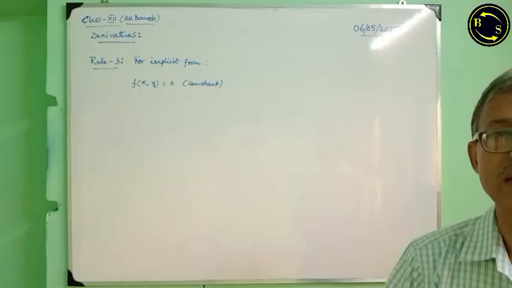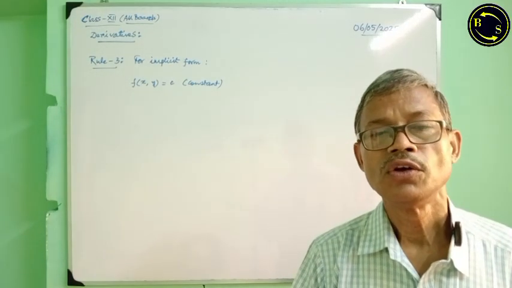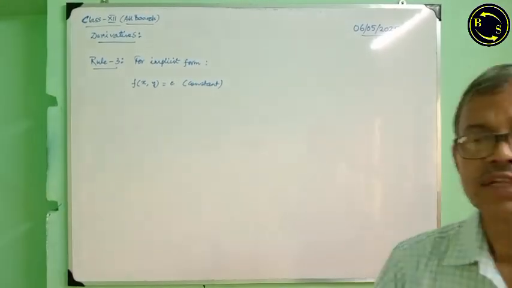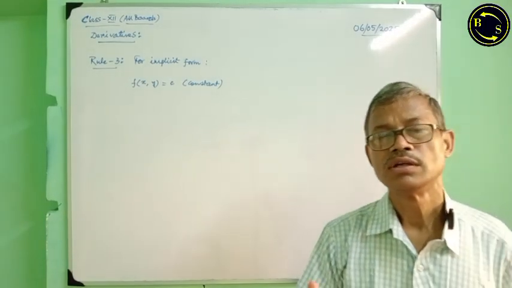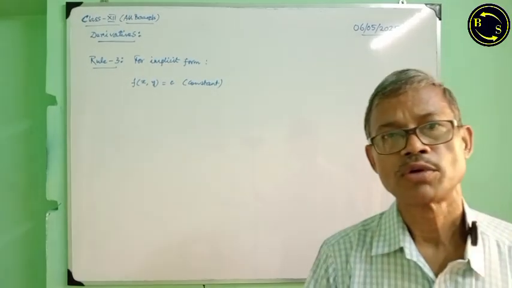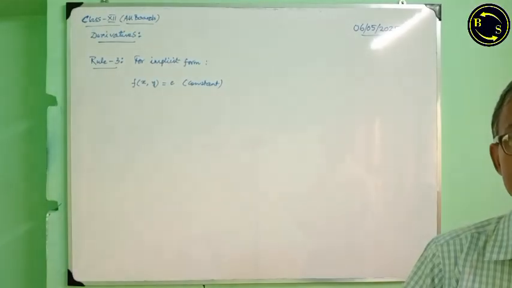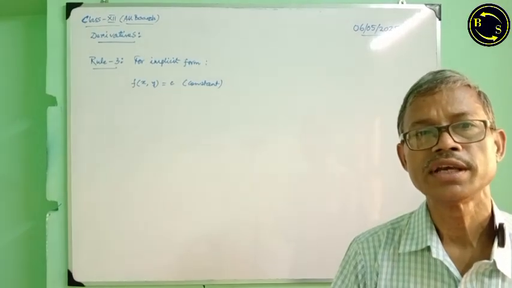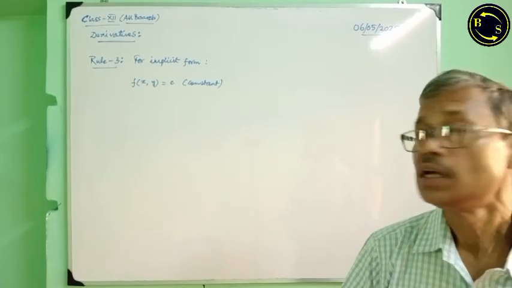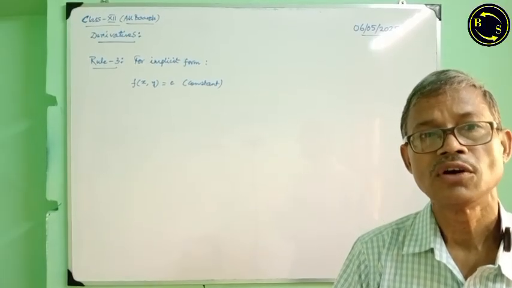That means the formulas for standard functions, also differentiation of sum or difference of two functions, or differentiation of product of two or more functions, then differentiation of quotient form, that means d/dx of u by v, and also what we have learned earlier for class 12, logarithmic differentiation of a function of function.